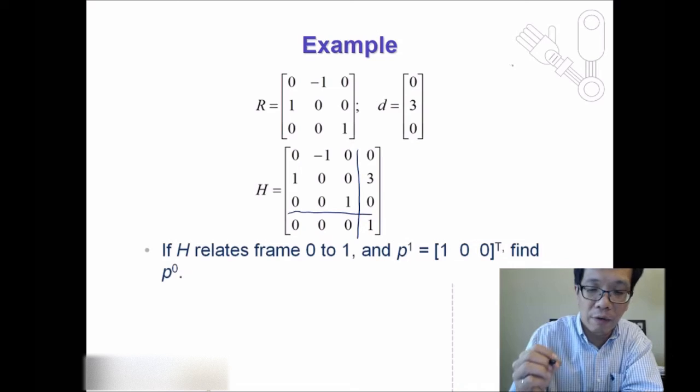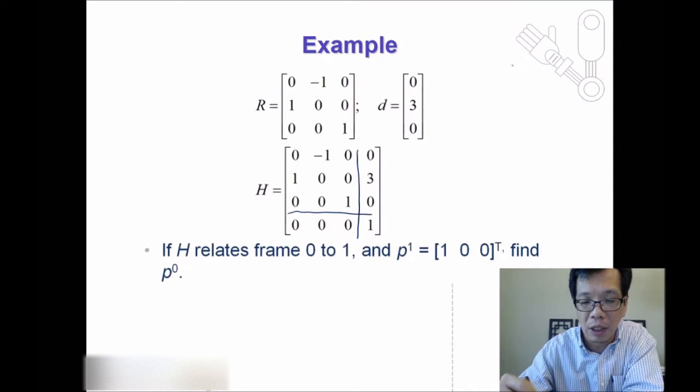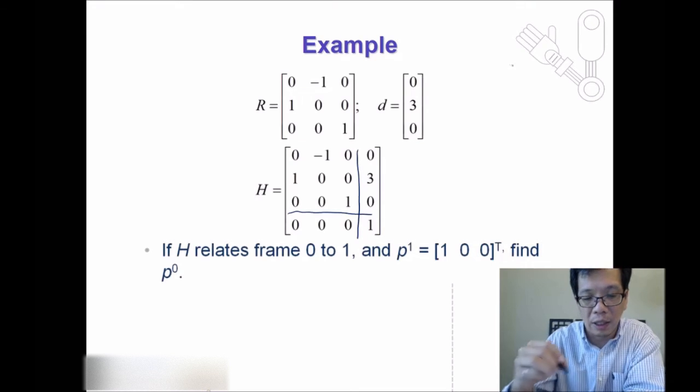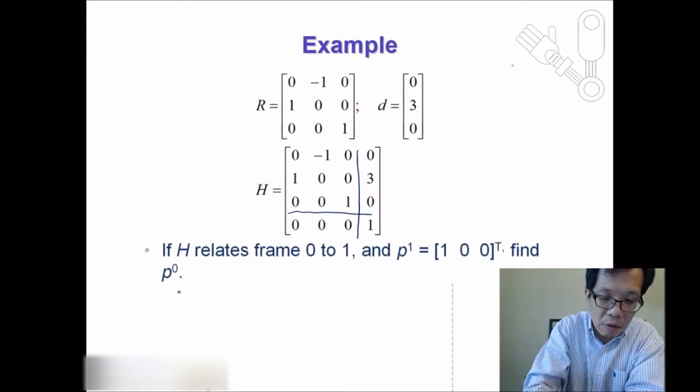And if we can measure the position in the first frame, which is 1, 0, 0, and we try to find the position measured in the zeroth frame, that should be pretty straightforward.